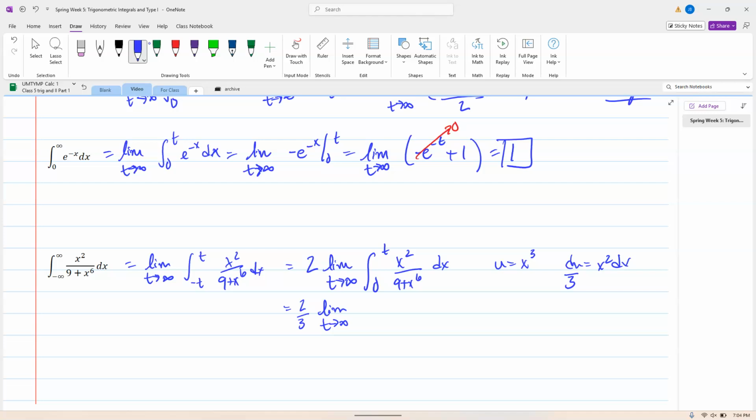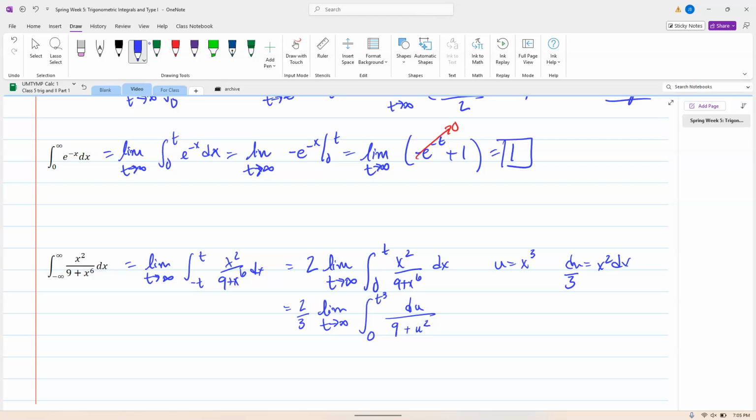Oh, the x squared dx. Okay, so worry about bounds in a minute. Let's see, x squared dx, that'd be du over 3, which I already brought out. And this would be 9 plus u squared. Oh, that's an arctangent. Yeah. There we go. And then the upper bound would be t cubed.